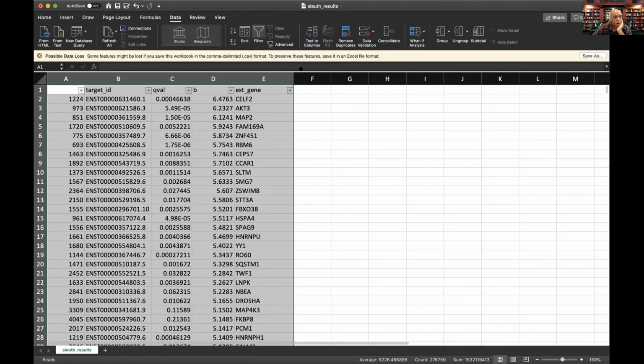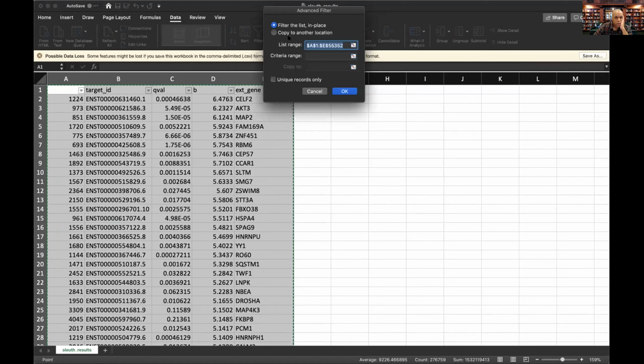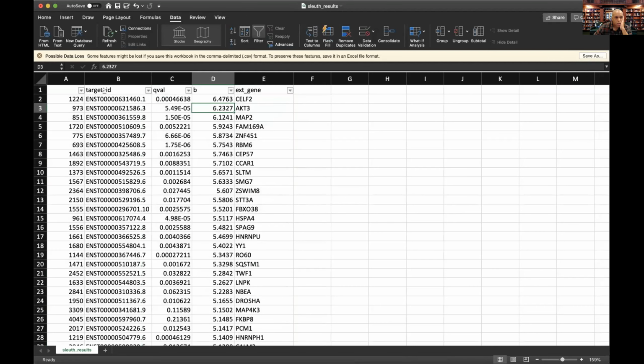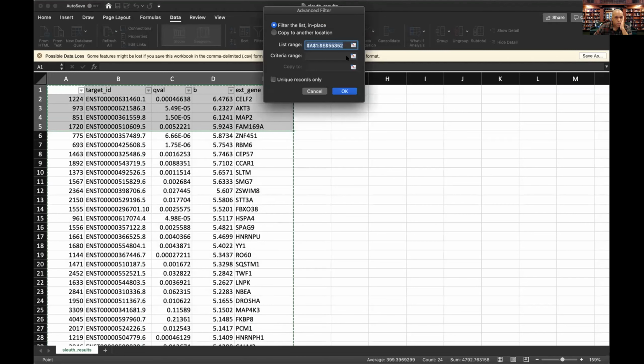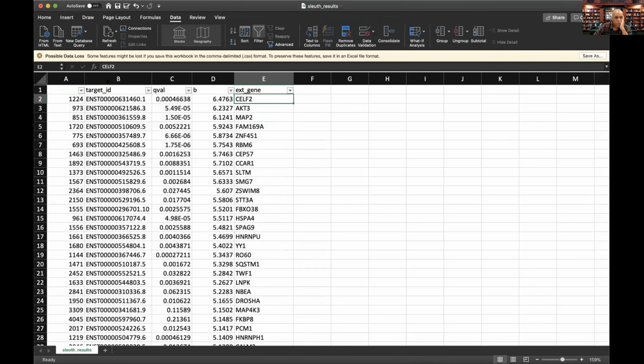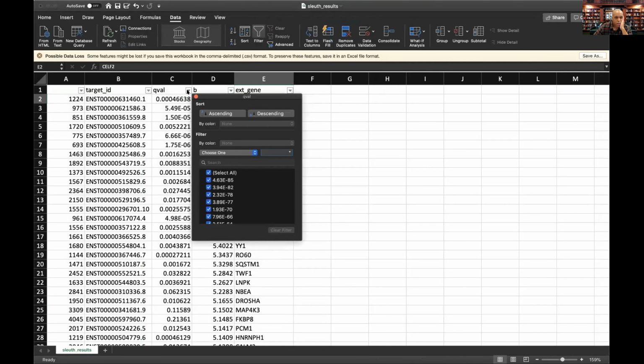And I usually do this in R, but I think I will be able to figure out what I did the last time. What I'm going to do is just, okay, that's what I wanted to do. I need things that are less than or equal to 0.05.